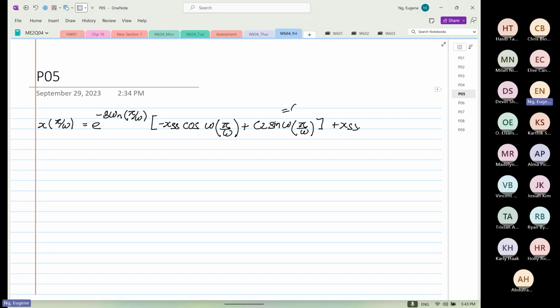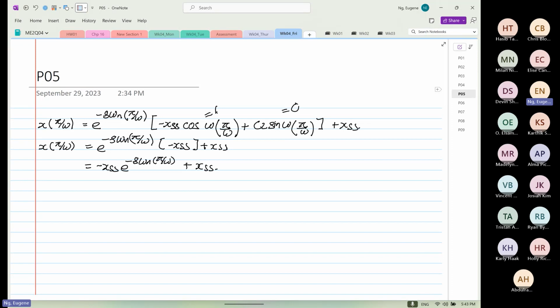We know that this is equal to 0, this will be equal to 1. So the x in terms of pi over omega is equal to e^(-zeta omega_n pi over omega), then you have your minus XSS and then plus XSS.